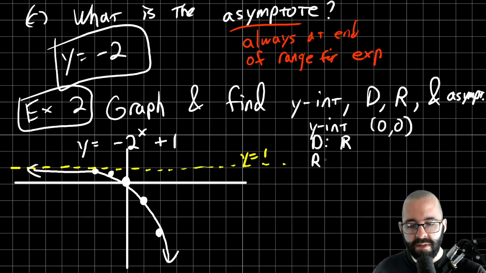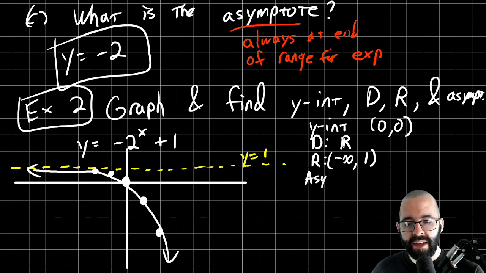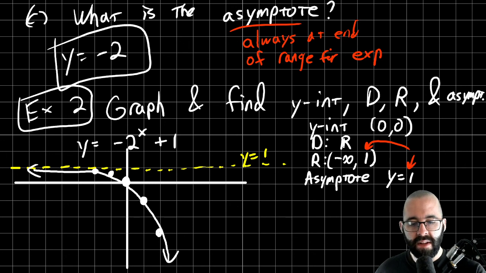The range, well, the biggest we can get is at +1, but we never touch it. The smallest our y values can get is -infinity. And the asymptote is always at the edge of the range. This number and this number should always be the same. It might be on one side or the other, though, of the range.